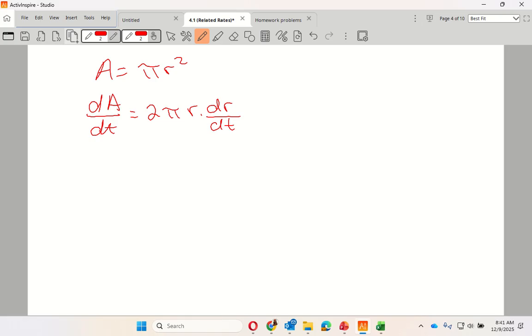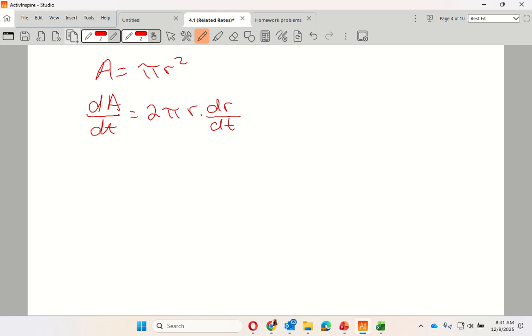Do we have the r? Do we have the dr dt? And I'm looking for dA dt. So can I just plug this in now? That's a T, T on the bottom, yeah. Sorry, my pen kind of wonkied that one.